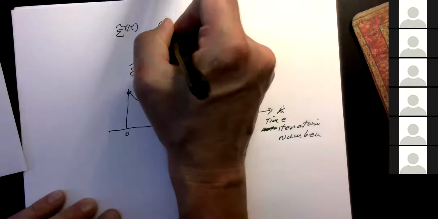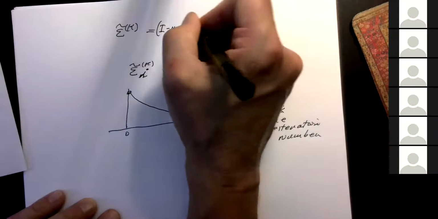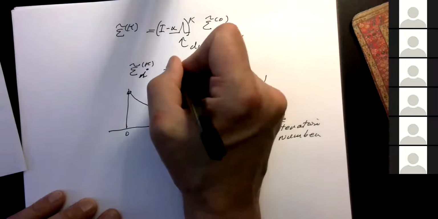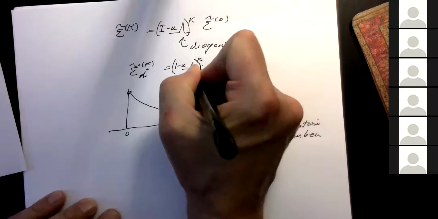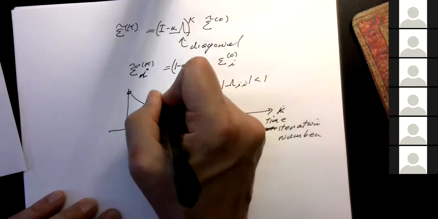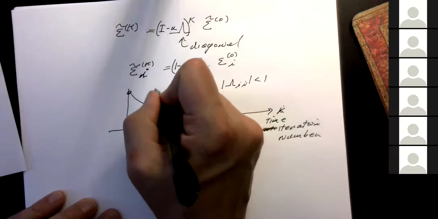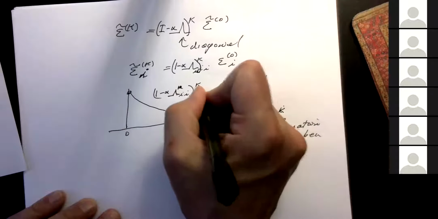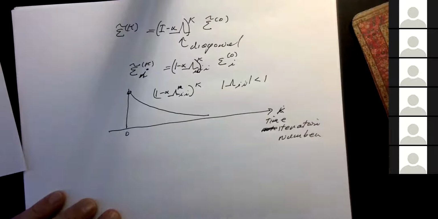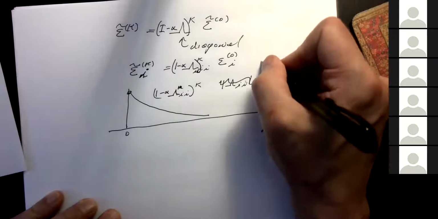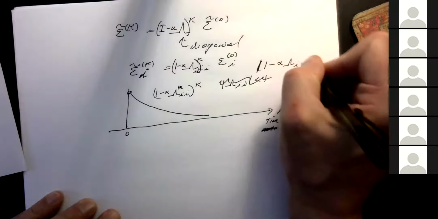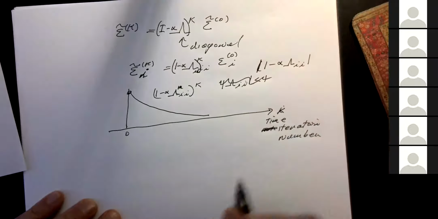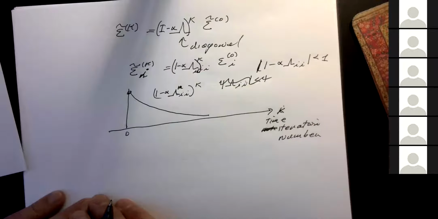This is 1 minus alpha lambda i, all to the k, and it decays if the absolute value of 1 minus alpha lambda i is less than 1.